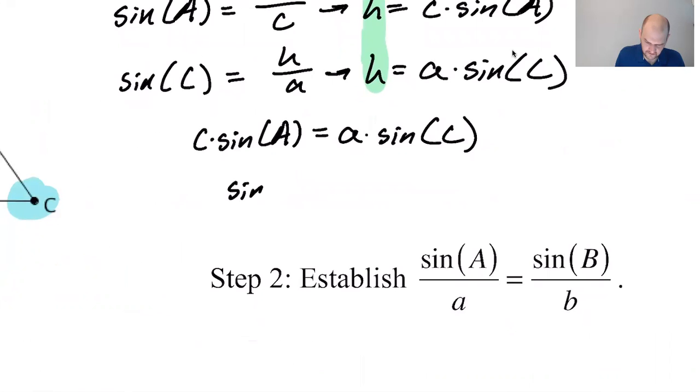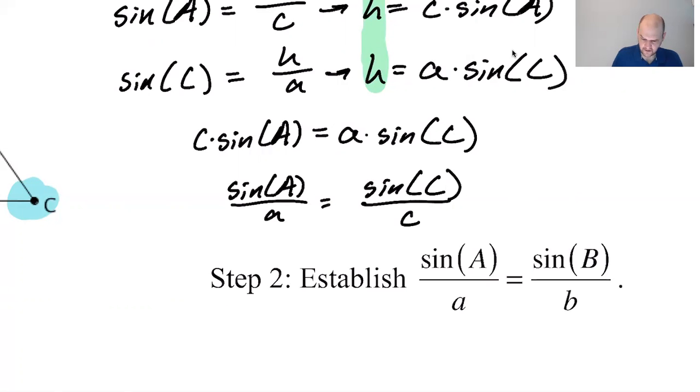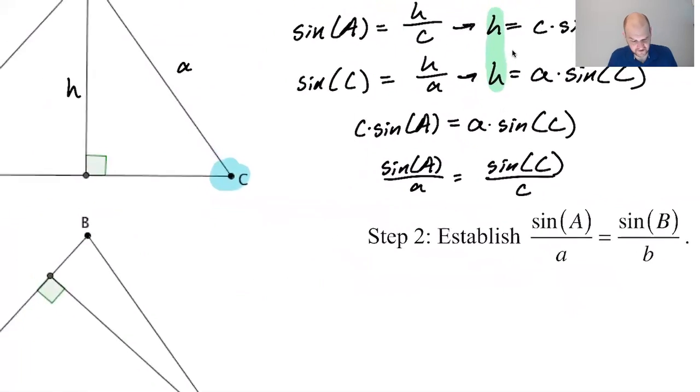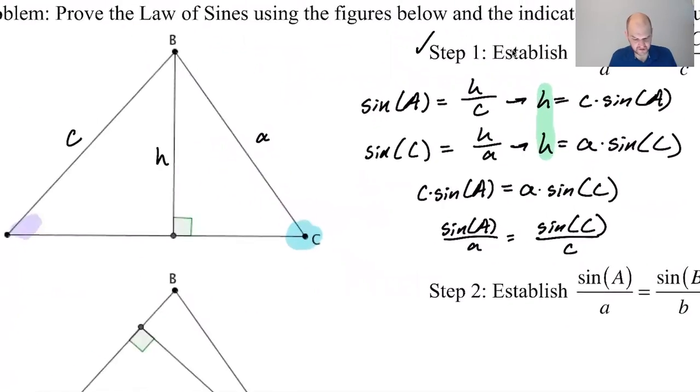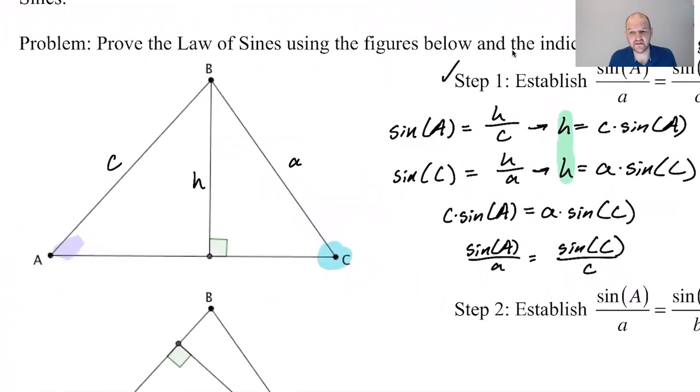So the sine of A over A equals the sine of C over C. All right, so that's actually a really interesting result, that in this triangle, which is a random triangle, the sine of angle A over side A is equal to the sine of C over side C.